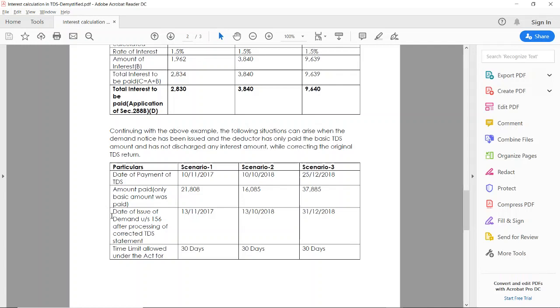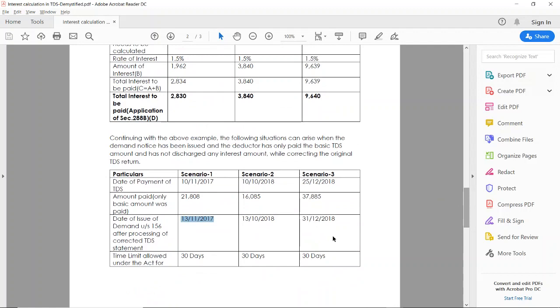I will come to the later part of that and precautions to be taken. So the date of issue of demand is 13 November 2017 in scenario 1, 13th October 2018 in scenario 2, and 31st December 2018. We have assumed that our correction has happened immediately. Therefore, the notice has also come up very soon.